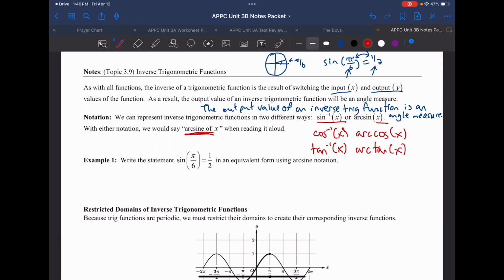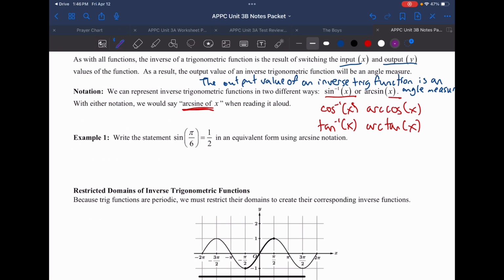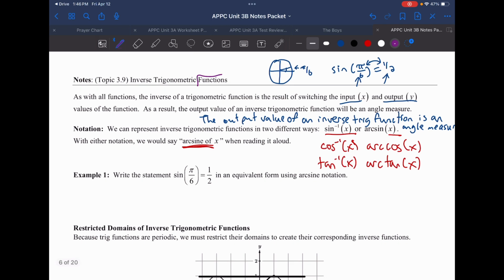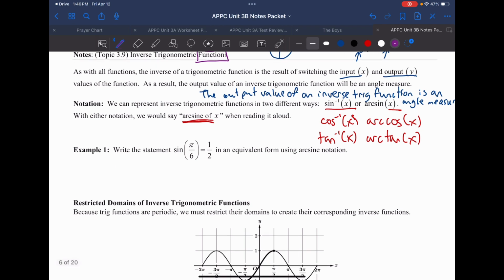Okay? And really what that's doing is it allows you to solve equations when you have sine on one side or sine on another side. The inverse trig functions are, like it says in the name, functions themselves, but the most useful part of them is being able to solve equations with them, I think. And one way you do this, so write the statement sine of pi over 6 equals 1/2 in an equivalent form using arc sine notation.